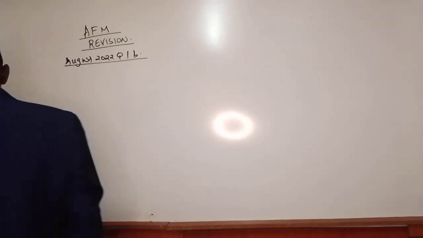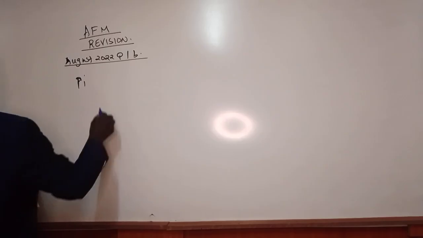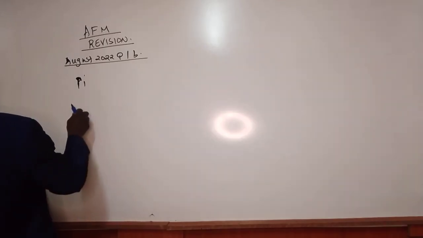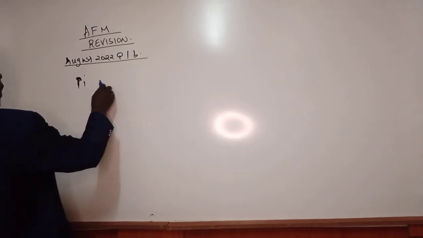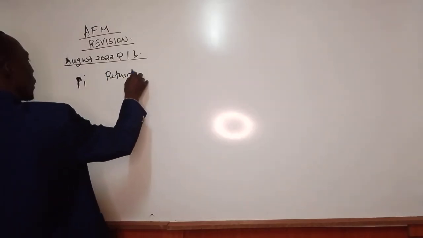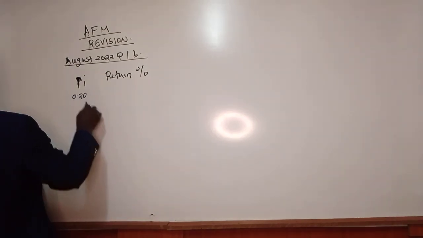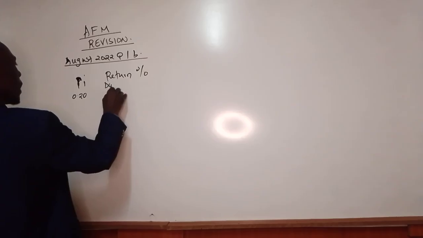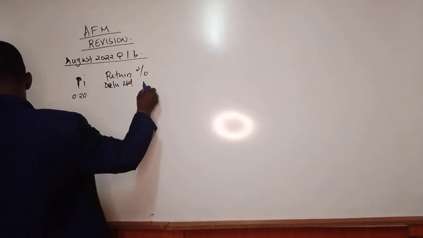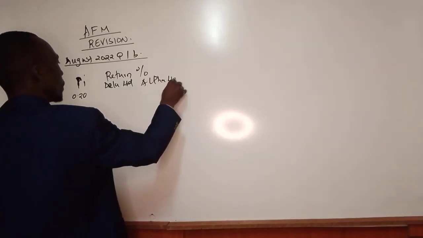So this is the information that we are given: our probability, and then we have the return in percentage. Here 0.20, and here we have Dera Limited, and here we have Alpha Limited.